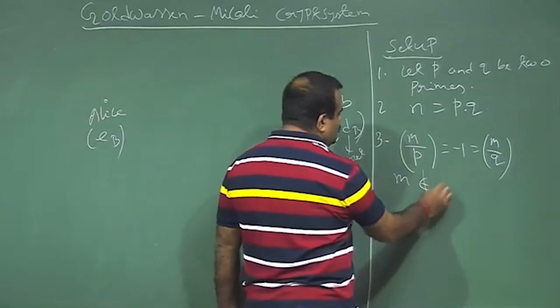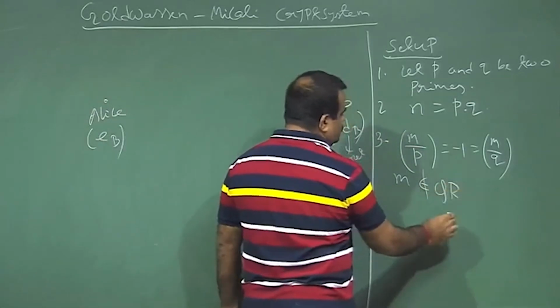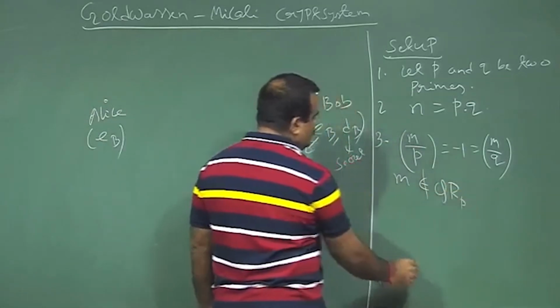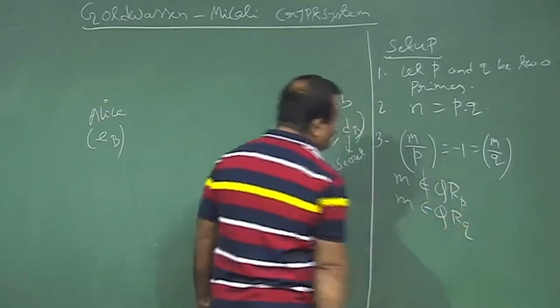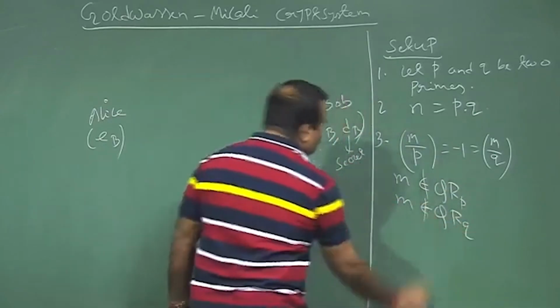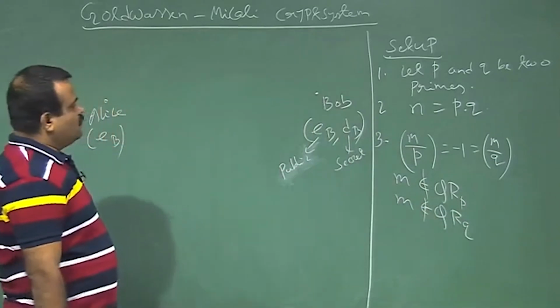So m does not belong to the quadratic residues mod p, and also m does not belong to the quadratic residues mod q. So m is a non-quadratic residue mod p and mod q.